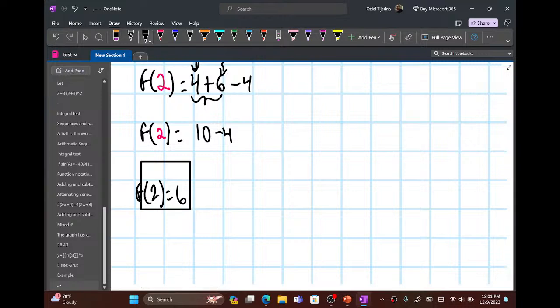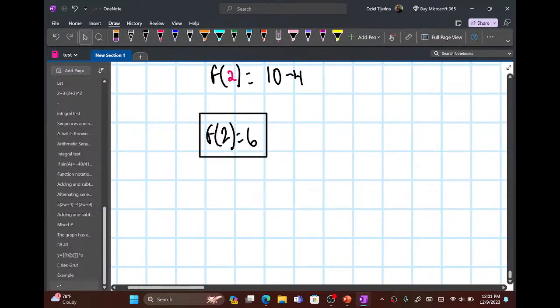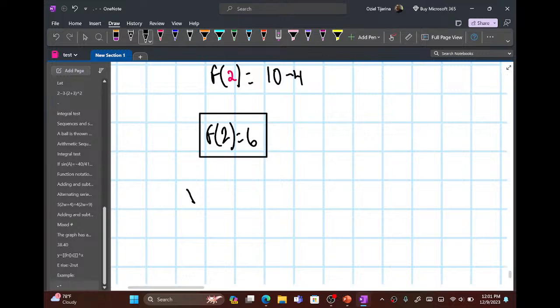So f of 2 is 6, right? What this means is that when x equals 2, f of x equals 6.